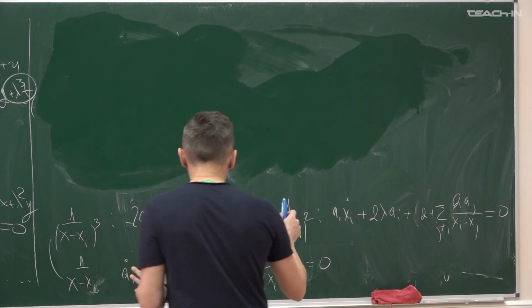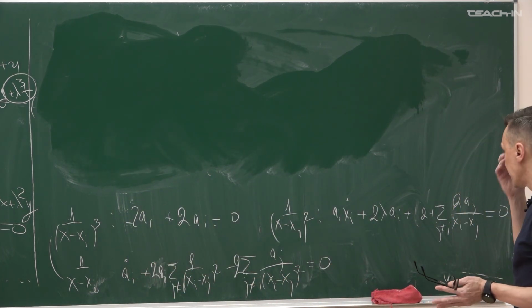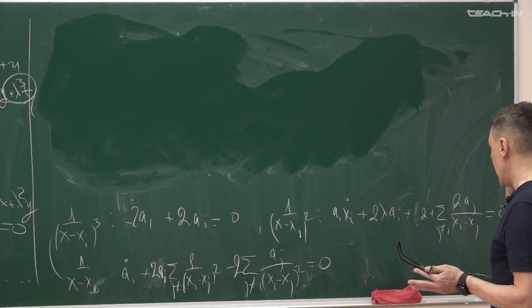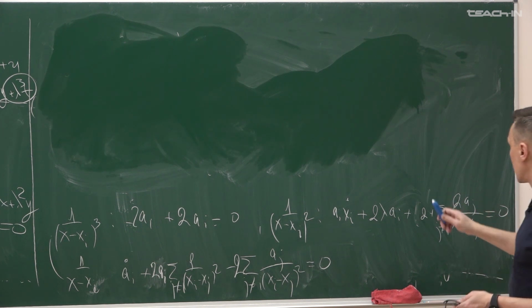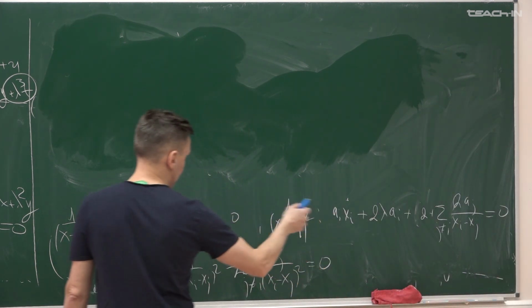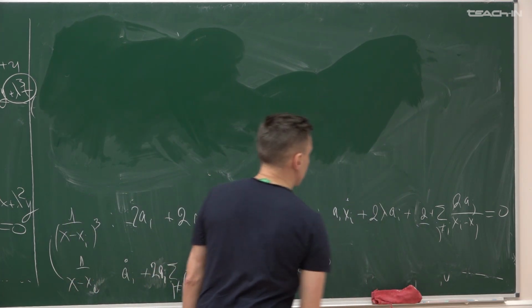So all of this I will consider as an equation on variables ai. So here, for example, we have just a linear equation on ai. Here is 2.